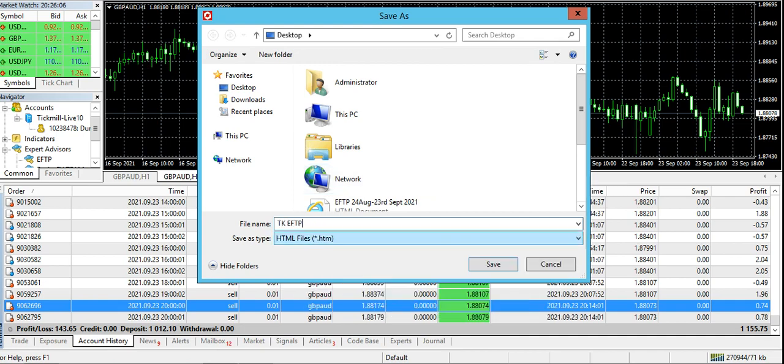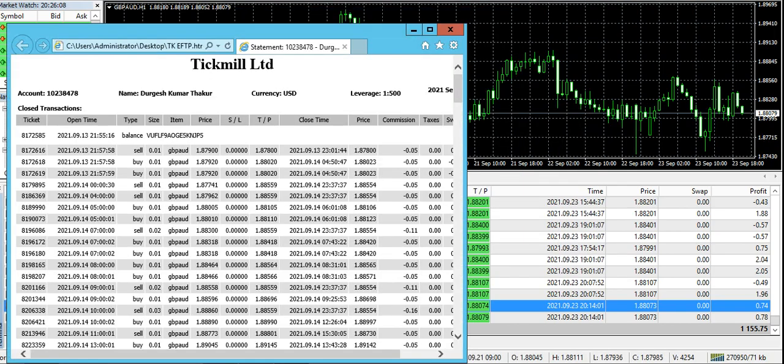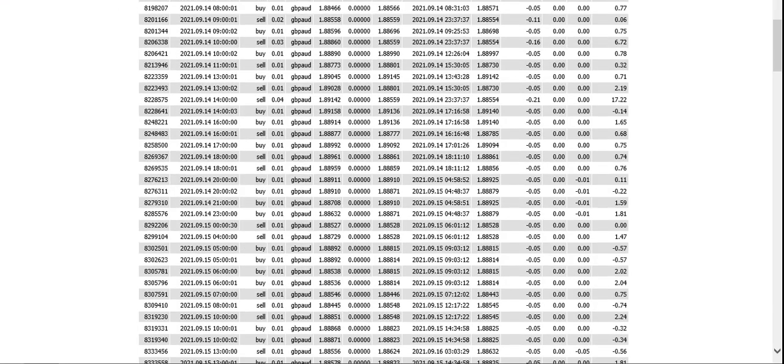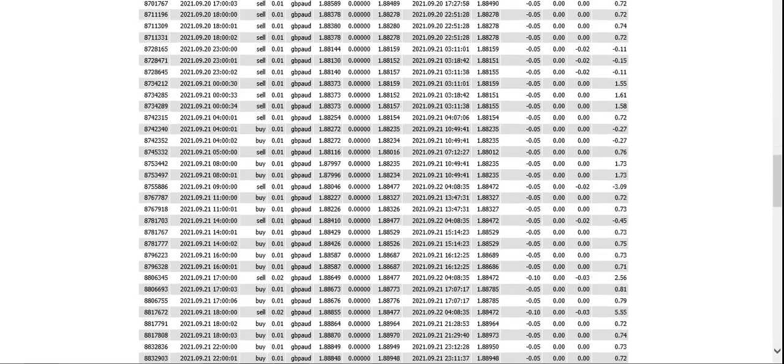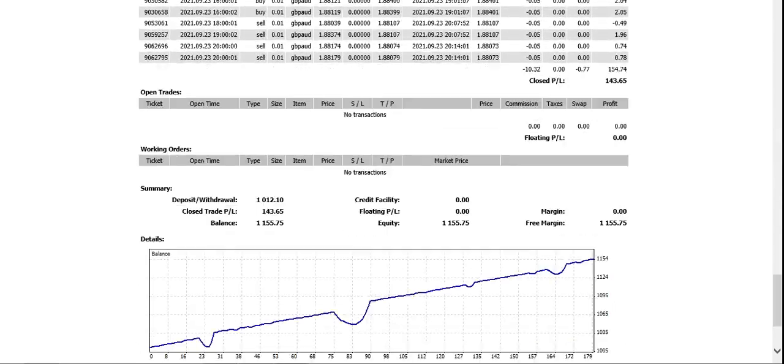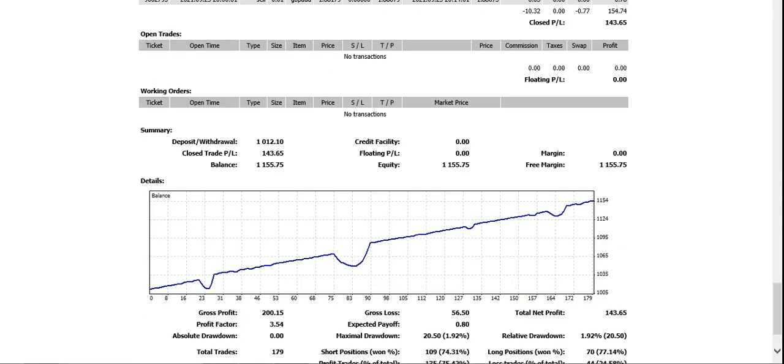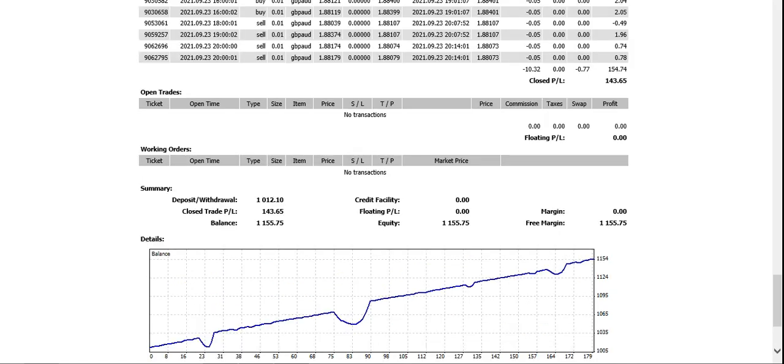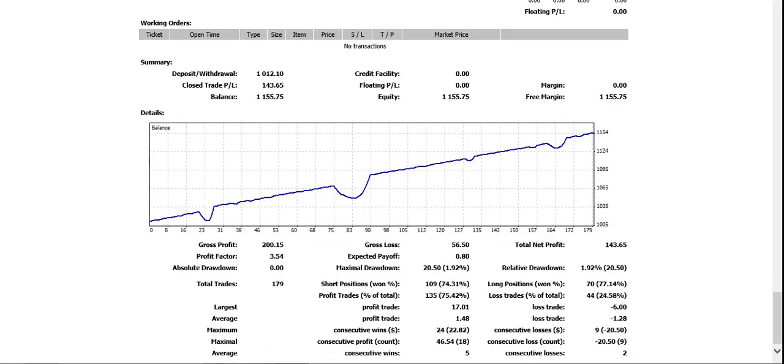There's nothing to show in the graph because it's just a 10 days thing, but still. 143.65. That was the amount there. Okay, the relative drawdown, maximal drawdown, absolute drawdown, and profit factor or anything that you want to see.